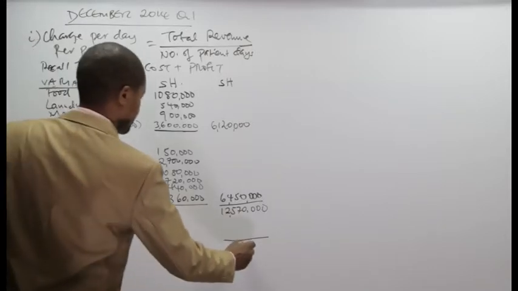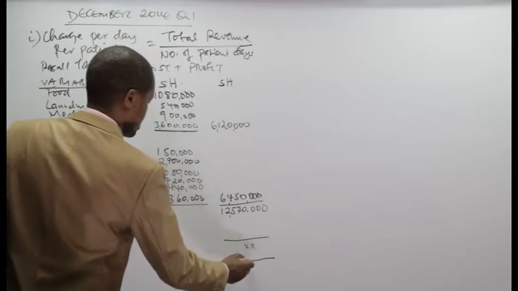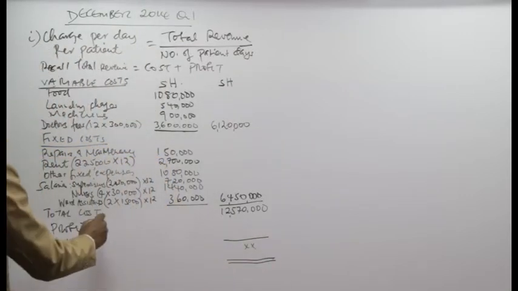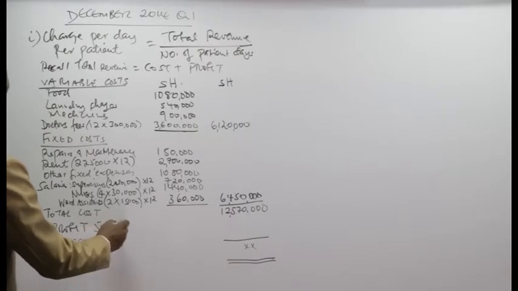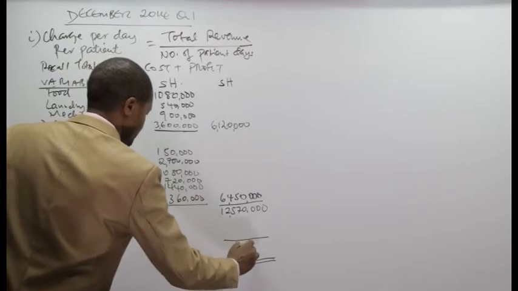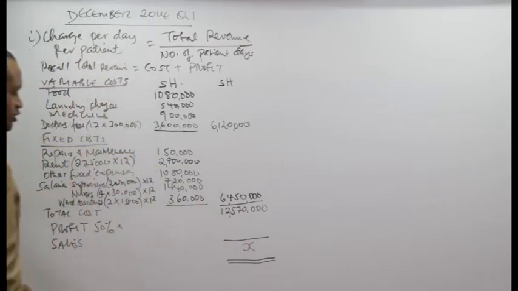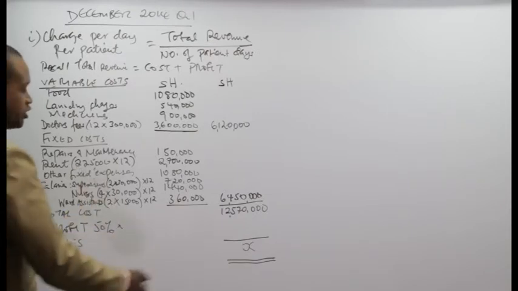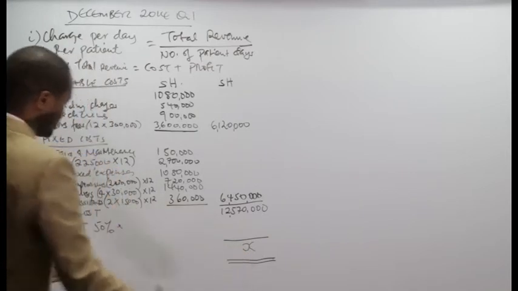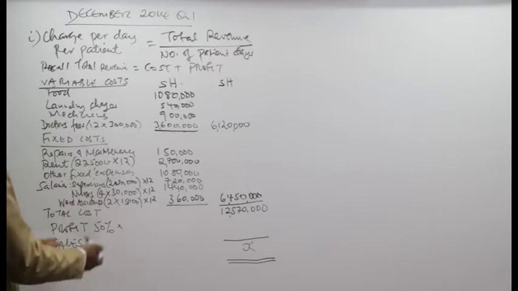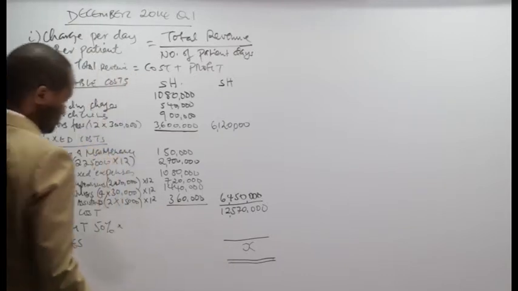We are not being given the sales. In fact, we are looking for the sales. But the question is telling us profit is 50% on sales. So we cannot apply 50% on what we don't have.